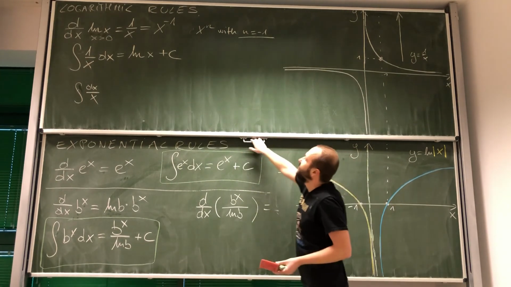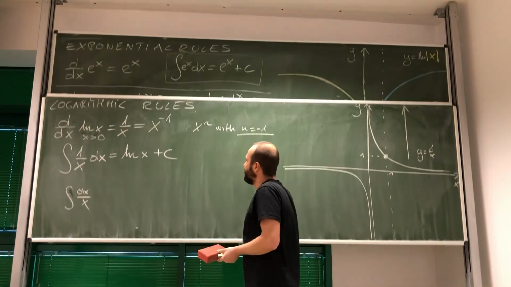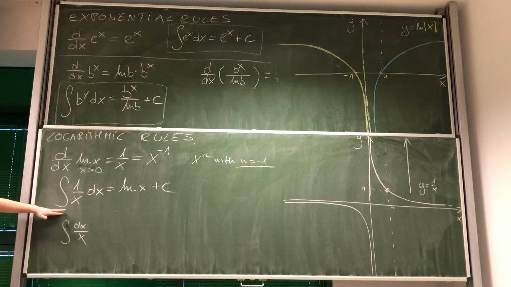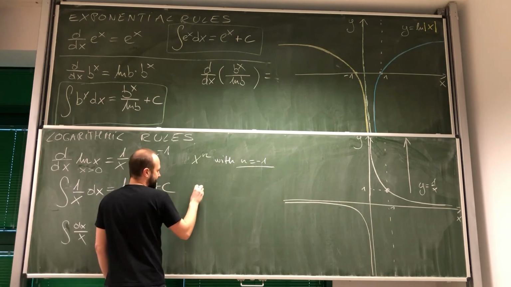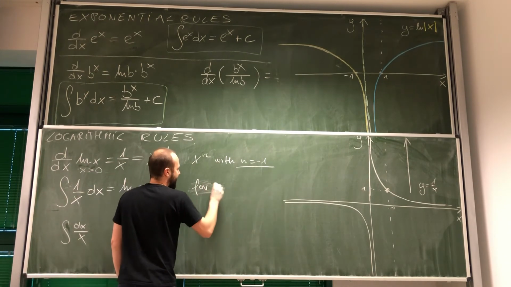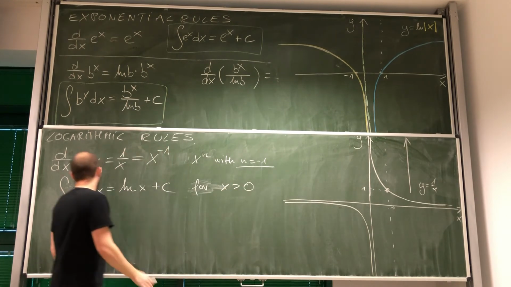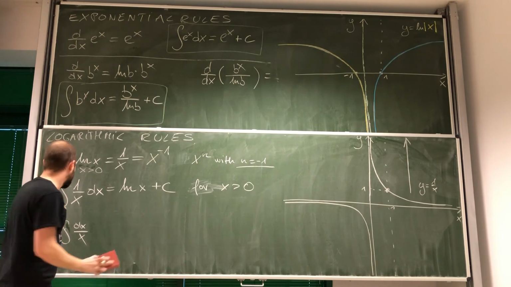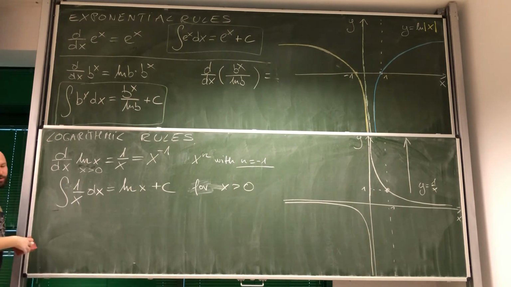Okay, so the final thing we need to change in our result is that this formula works as long as x, let's write it for x bigger than 0, which usually is enough for us because in all economic applications we rarely use variables that contain negative values.